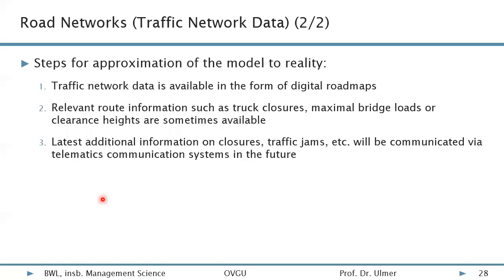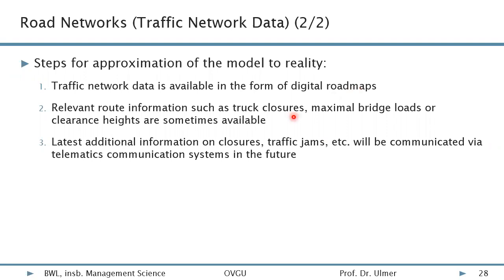Maybe finally, if you want to do this, how can we approximate our distances? We have digital roadmaps, we have Google Maps, which is rather limited because they want to sell the product. But there's OpenStreetMap or others where you can get the network data.